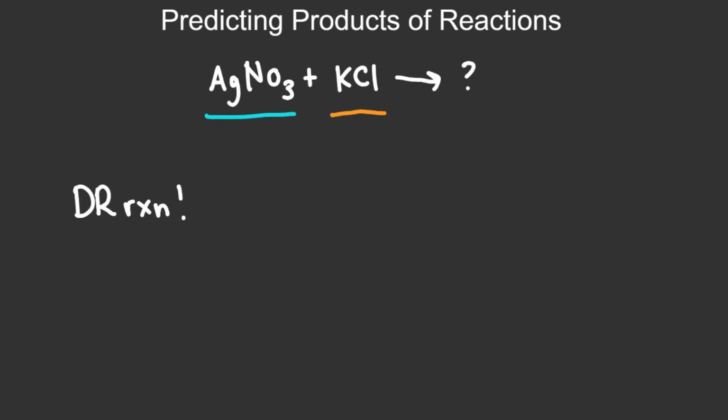So for this reaction, the Ag is going to want to pair with the chlorine, and the potassium is going to want to pair with the nitrate. So the products of this reaction equation are going to be as follows.